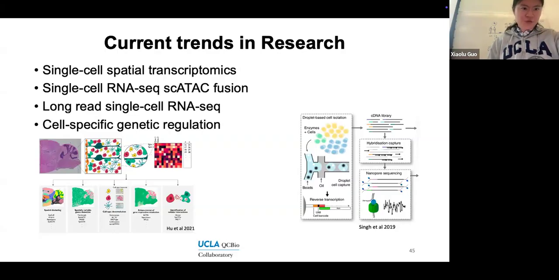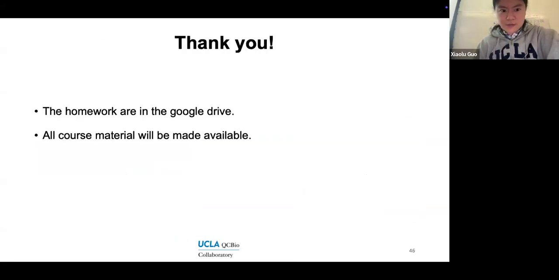So they have long read, which can read the full mRNA length, which can vary up to thousands of bases. That's also a direction, and also cell-specific genetic regulation, which uses algorithms. And yes, I think that's all.